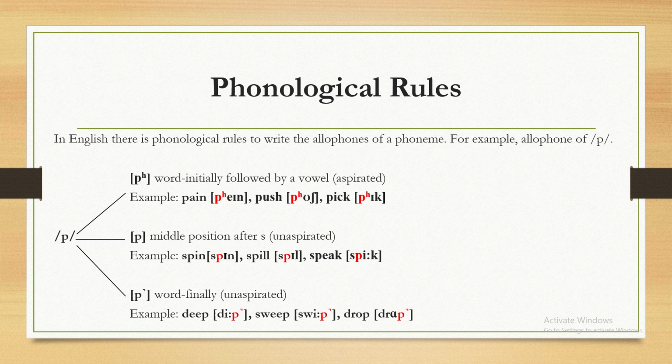For example, spin, spill, and speak. The last one is word-final. It is also unaspirated. For example, deep, sweep, drop. So each allophone has a different pronunciation based on its environment.